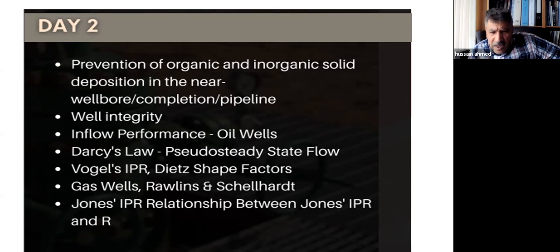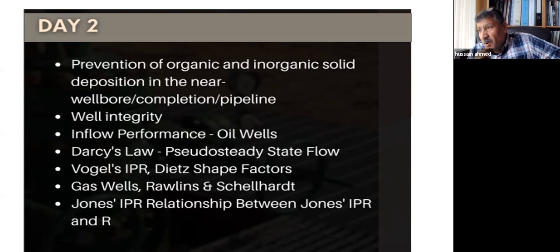What do they mean by well integrity? We're going to explain that. Today, I will touch a little bit on well integrity, the barriers. There are 6 barriers they call primary or initial, and there are 6 secondary barriers, which we need to maintain to keep the well healthy.